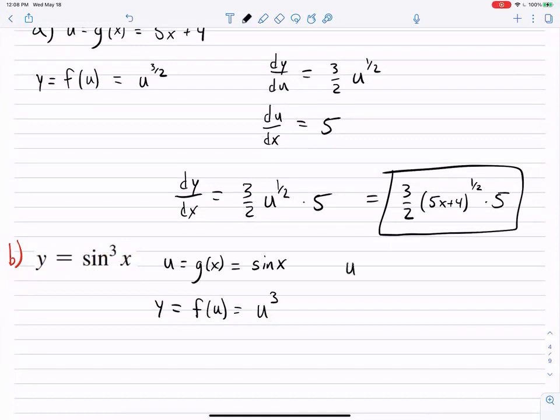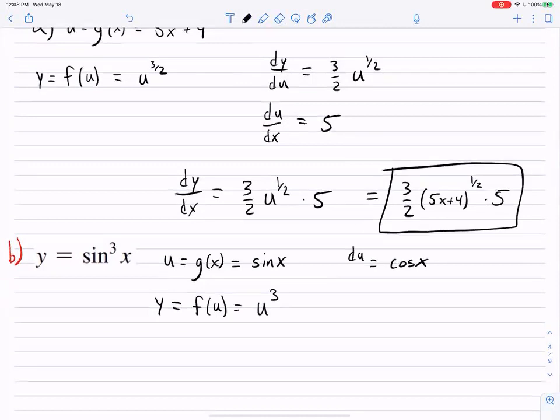And so then u prime, which is du dx, is going to be cosine of x. Maybe I should call these du dx and dy du. So this is du dx. We're taking the derivative of u with respect to x. And then dy du is going to be 3u squared.